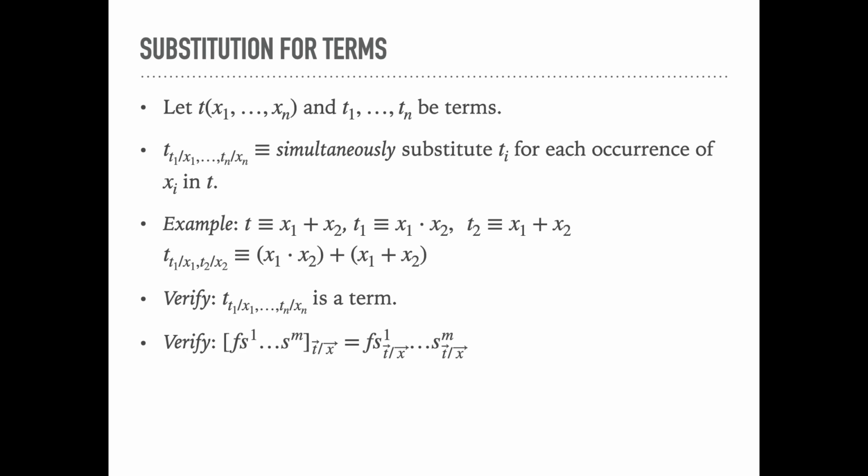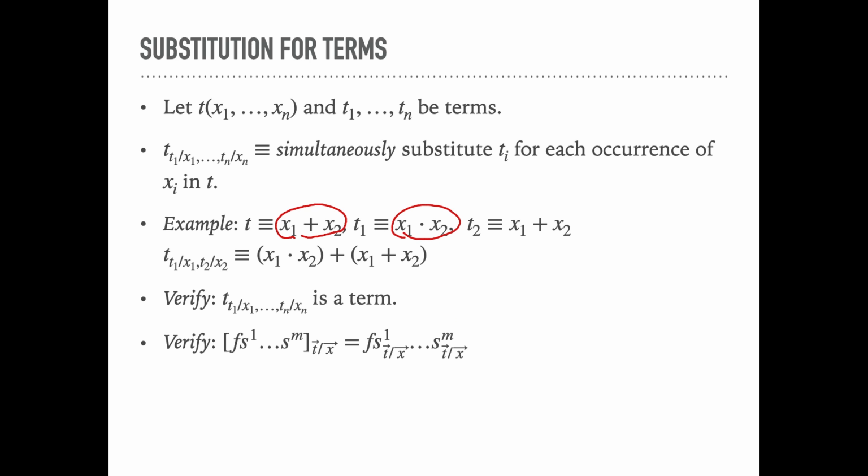So for example, here we have t, x1 plus x2, t1 is x1 times x2, t2 is x1 plus x2, so actually the original t, but there's nothing to prevent us from doing that. Then this term, t with ti for xi, would be just taking this, and this is our original term.